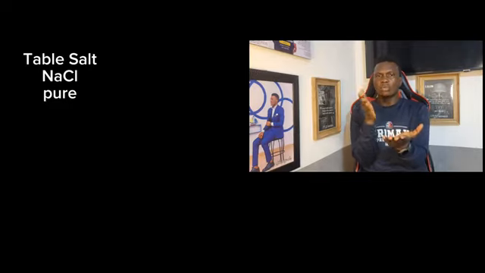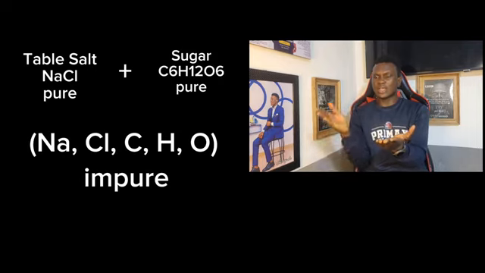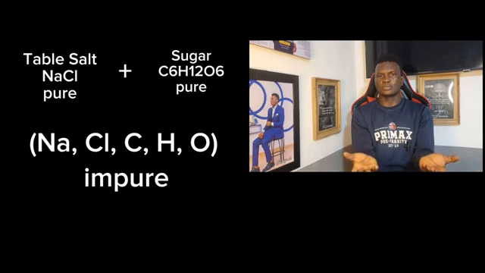Sodium chloride. But now, when you mix sugar with it, that means sugar is made up of carbon, hydrogen, and oxygen. Now, that sugar that has been mixed with salt makes it impure, because salt is supposed to have just sodium and chlorine, but now it has carbon and hydrogen. So whenever there is another substance mixed with your composition, then we call it an impure substance.